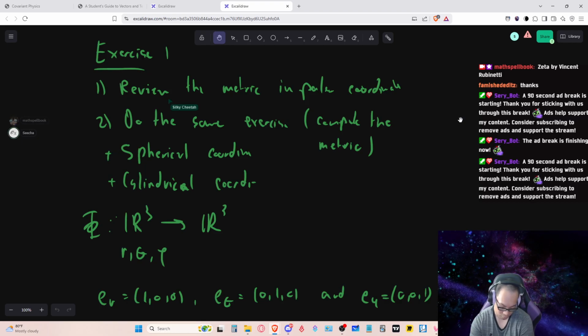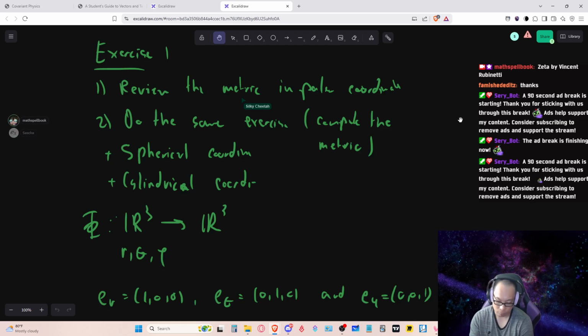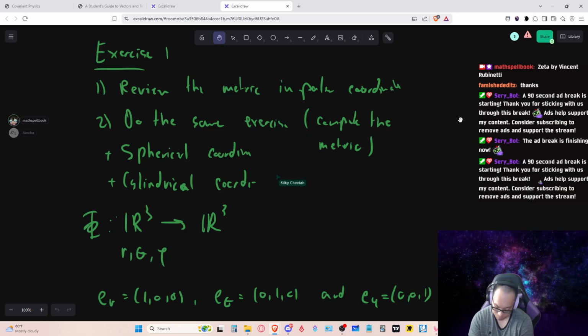Exactly the same setup we had before for polar. So like what you did with the phi, from R3 to R3. What is that supposed to indicate for us? Is that a hint to something?